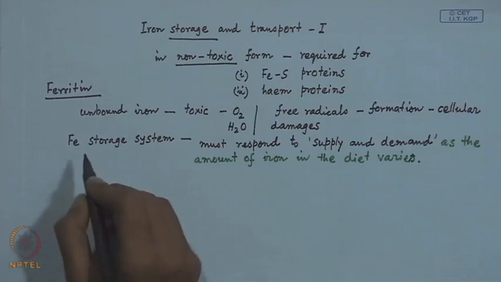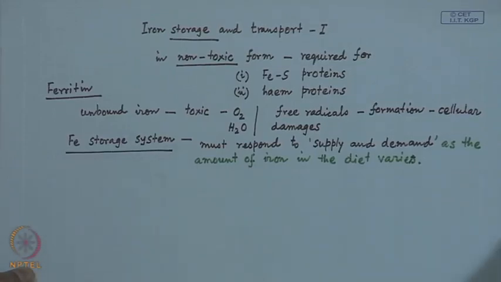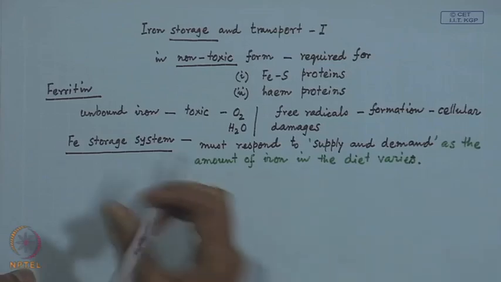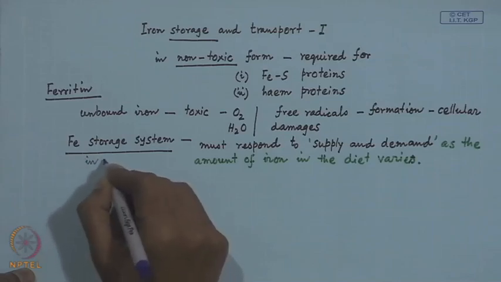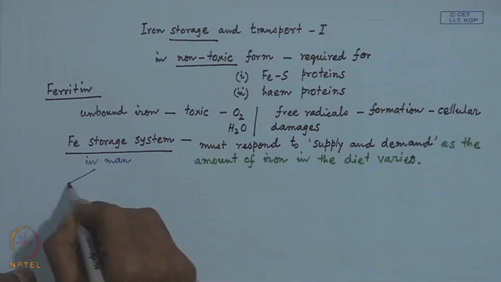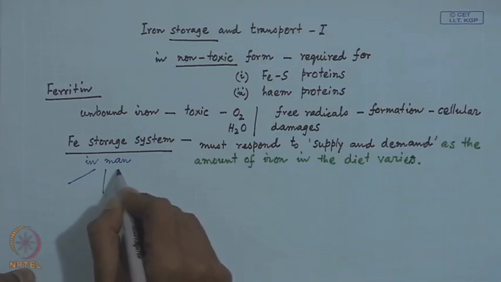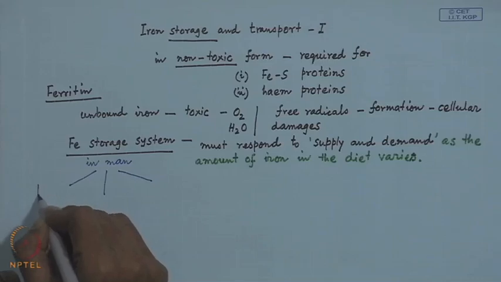This particular iron storage system, in our human body, is stored in three different places.